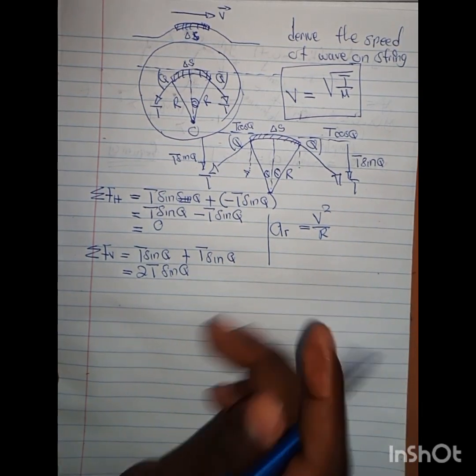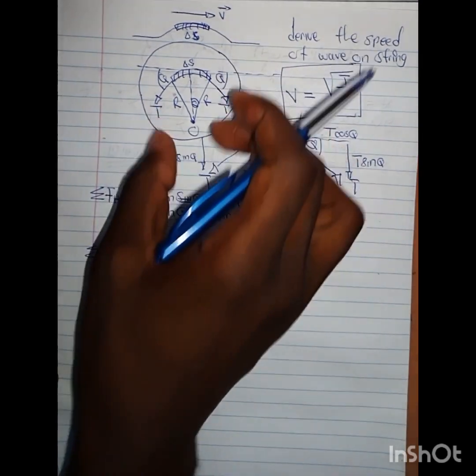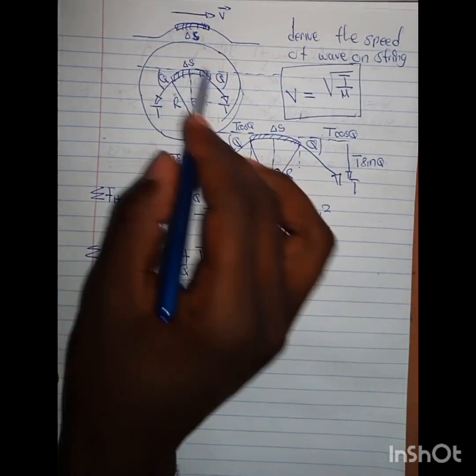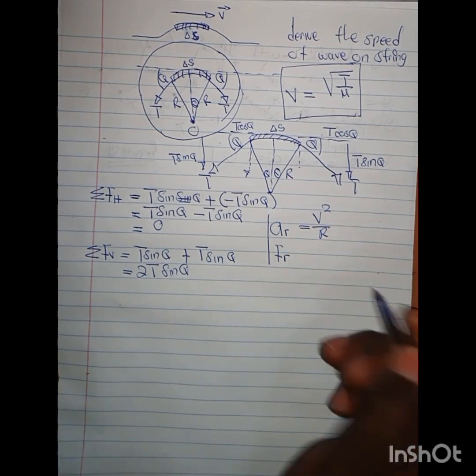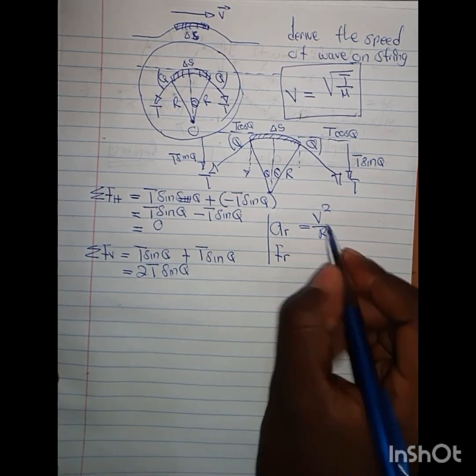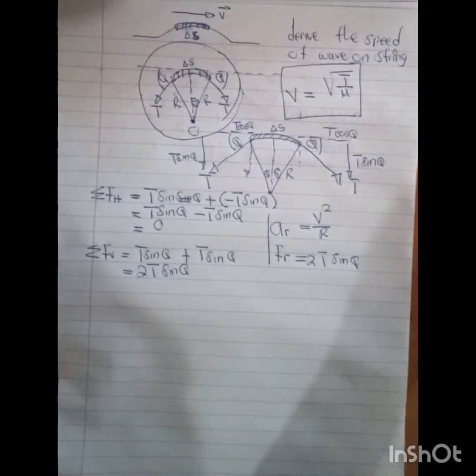So the force that causes this object to accelerate towards the center is the radial force, Fr. Now our Fr is 2T sine theta.